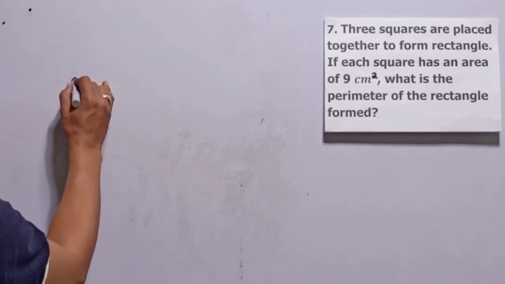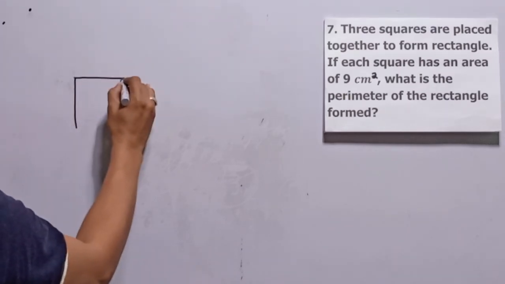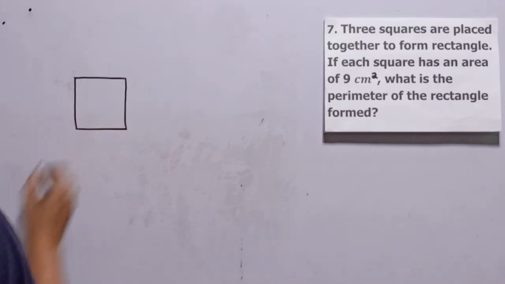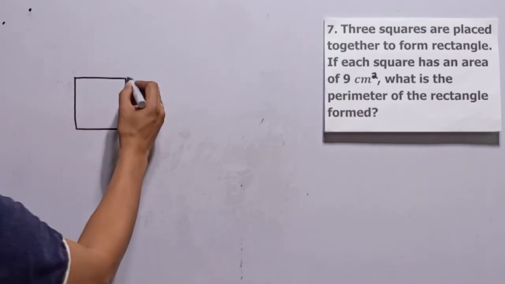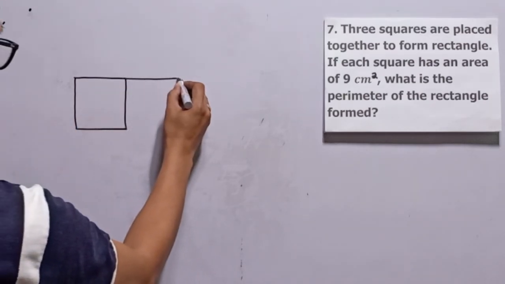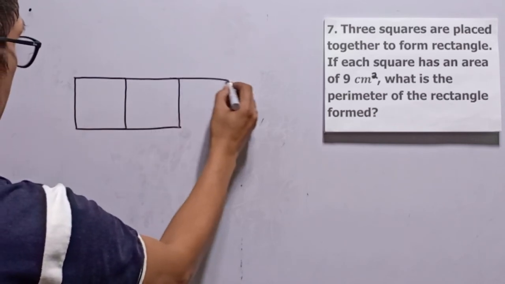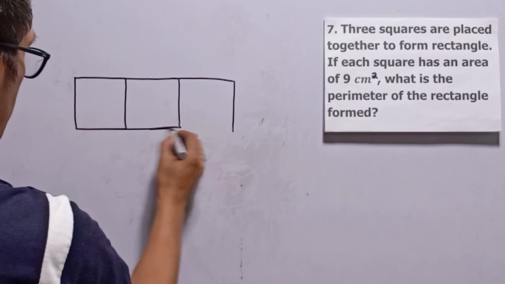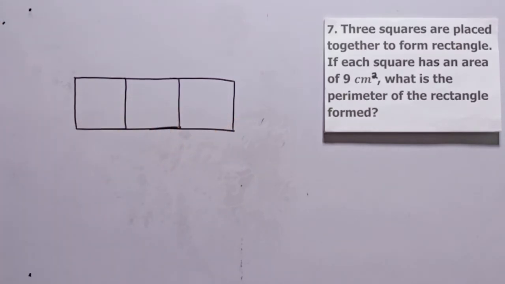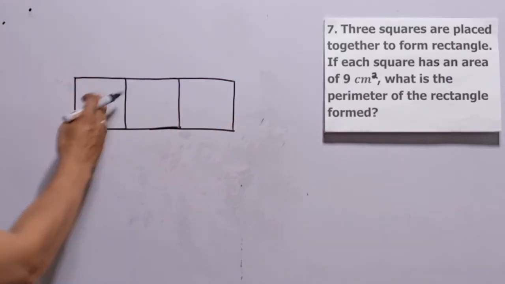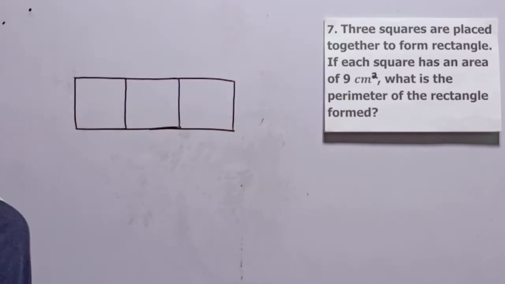So let's draw 3 squares side by side to form the rectangle. Let's have this one square, another square, assuming the squares are equal, and one more square here. Putting them side by side, you will have a rectangle.